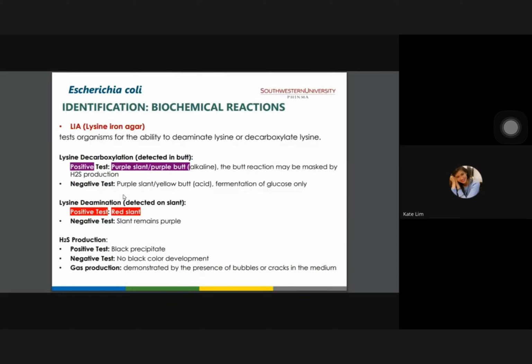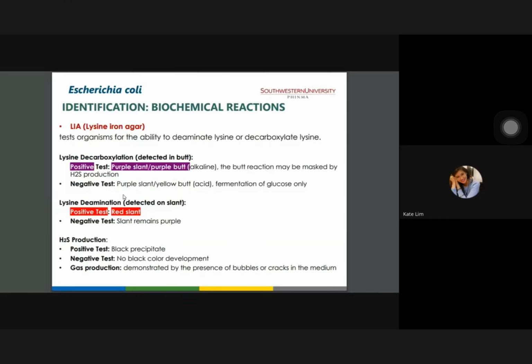So, if the amino group from lysine is removed, it converts the product that reacts with the medium in an alkaline environment. So, if a bacterium deaminates the lysine, it makes the environment alkaline.